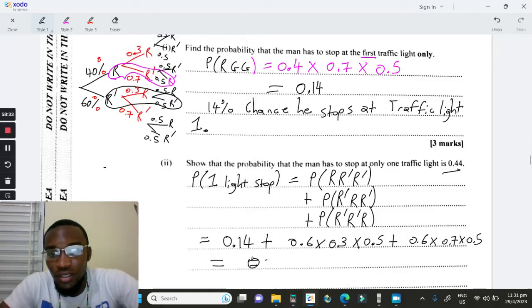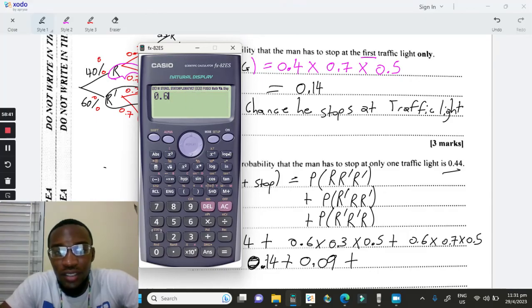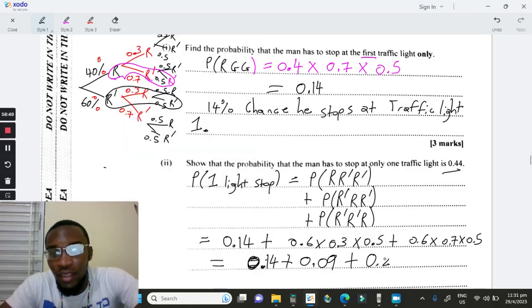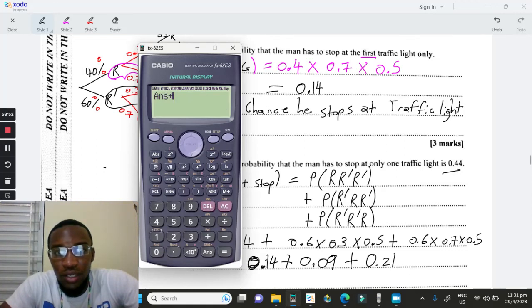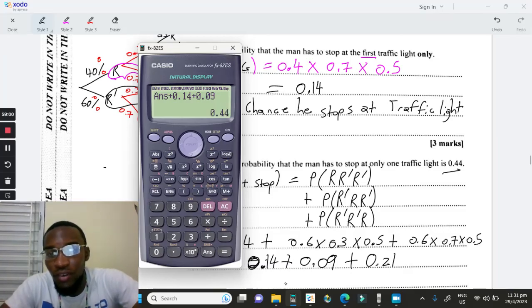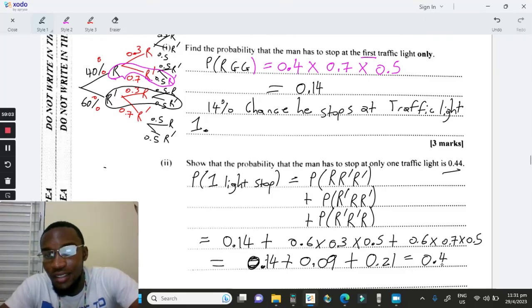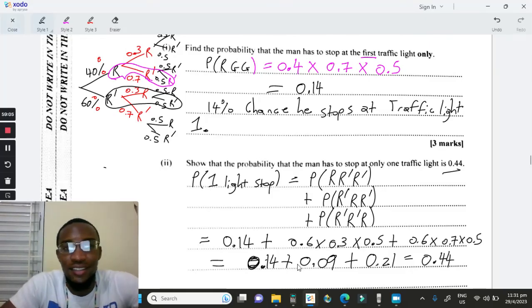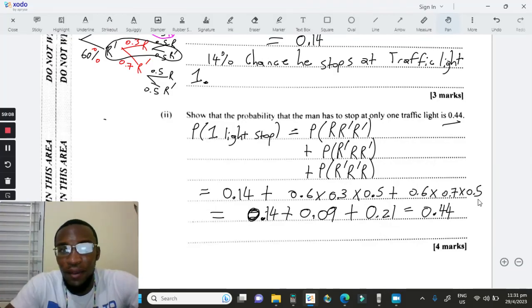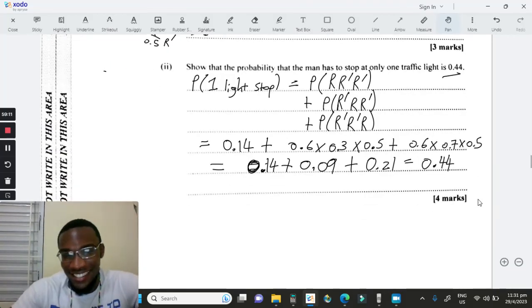So 0.14 plus 0.09 plus the next one, 0.6 times 0.7 times 0.5, which is 0.21. Then we add them: 0.21 plus 0.14 plus 0.09. We add them and we get 0.44. And that's it, we're done. Nice. We get our marks, it's shown, and it's easy.